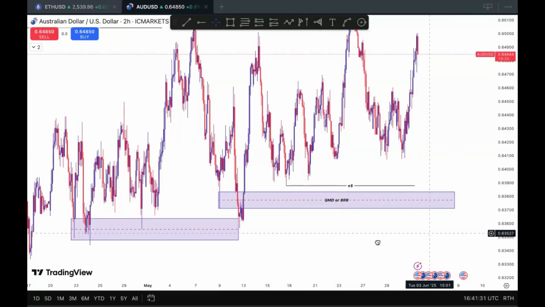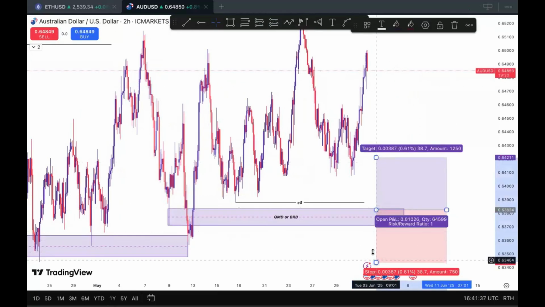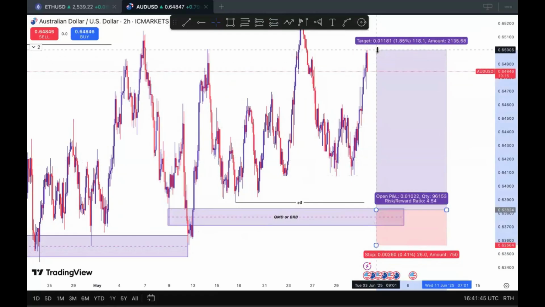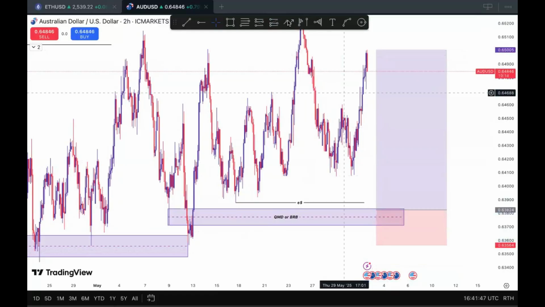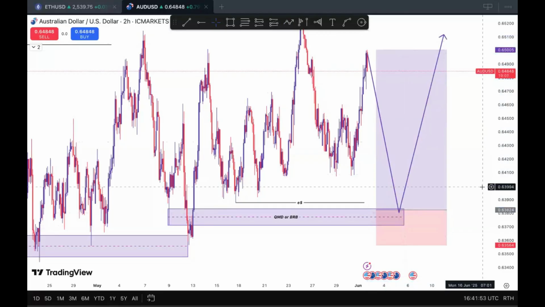So what am I going to do? I place my order here and wait for price. Place my SL at the protected low, that's your SL, and then target the most recent high. That's it. So I wait for price to come in. Boom. Do you understand?